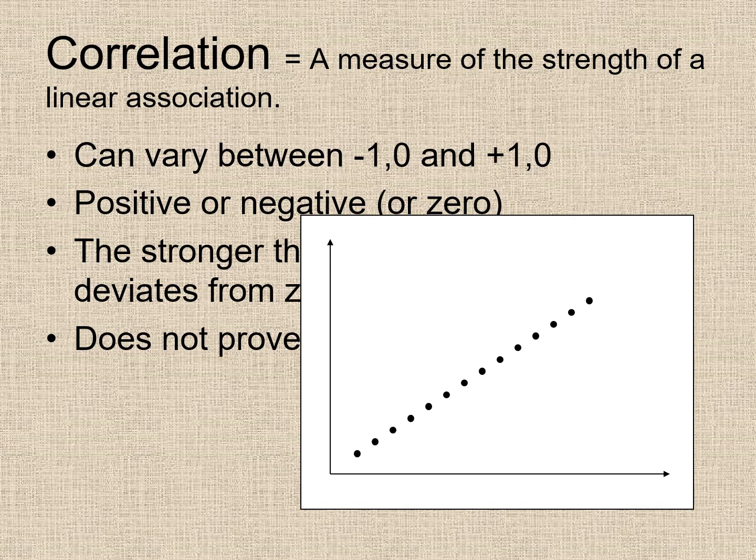So if we know that the person has, for instance, this value on the x variable, then we know that he or she must have this value on the y variable. There is no room for any diversion here. We know exactly what value a person will have on the y variable based on if we know this person's value on the x variable.